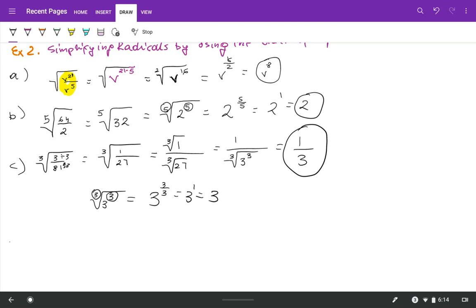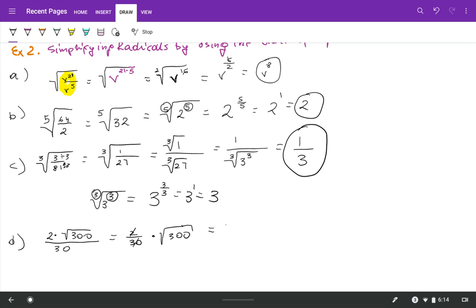And the last one, d, we have 2 times square root of 300 divided by 30. First of all, I'm just going to rewrite that as 2 over 30 times square root of 300.